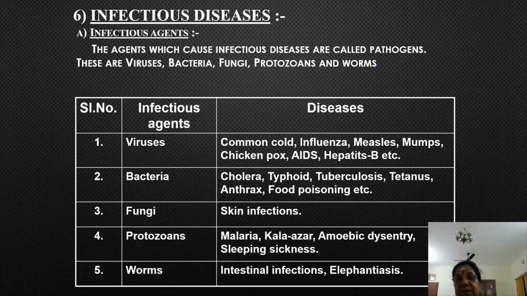Tuberculosis, Mycobacterium tuberculosis. Tetanus, Bacillus species, and anthrax, Bacillus anthracis. Food poisoning, any disease which is affecting the digestive system. I hope you could follow this. So cholera, typhoid, tuberculosis, tetanus, anthrax, food poisoning, etc.